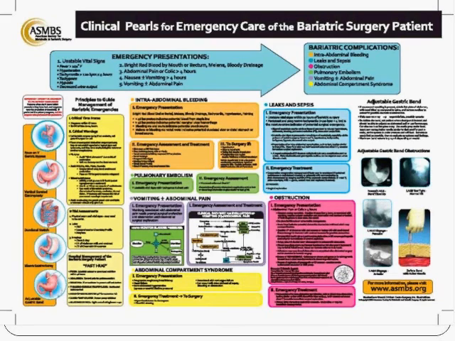And then down the left-hand side, it's got the gastric bypass, the vertical banded gastroplasty, which we don't do here at St. Joe's, duodenal switch, which we also don't do, the gastric sleeve, which we do, and the band that we do as well. So that's a really nice resource for you because it also has some anticipatory guidance on there. But they're the clinical pearls for emergency care of the bariatric surgery patient.